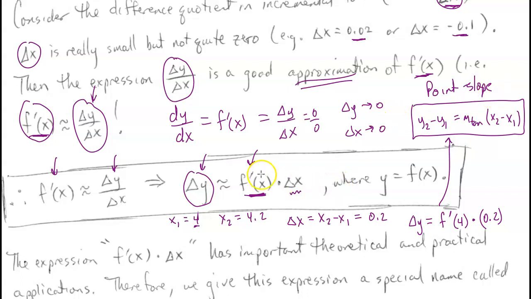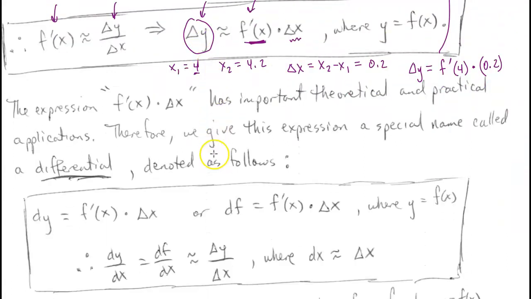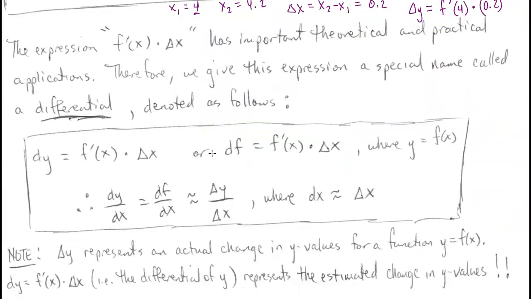All right, so let's move forward here. Again, the expression that we have been talking about, the derivative of a function of x times delta x, has important theoretical and practical applications. What this ends up being is a differential.